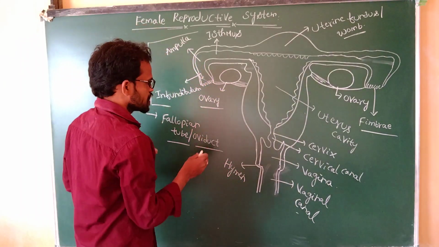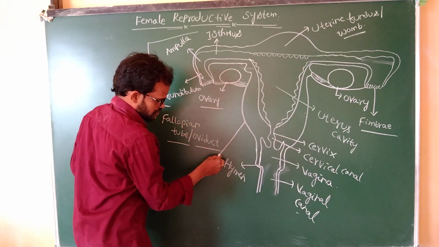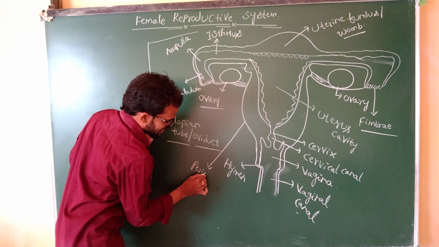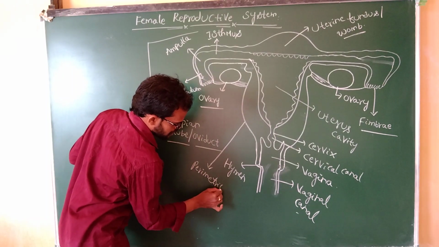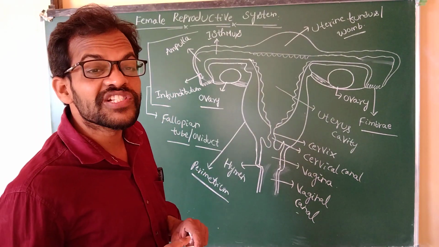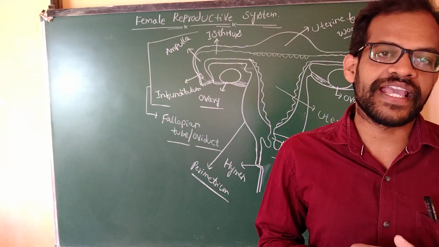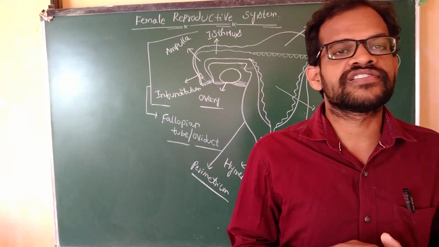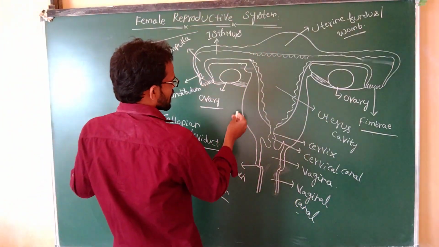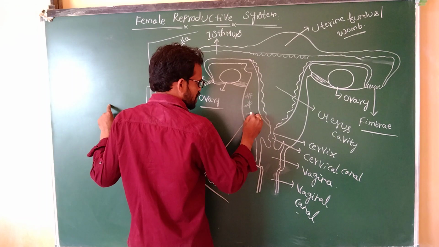If you observe the uterus part, the first part, the first outer layer, is the perimetrium. The uterus wall consists of three layers: perimetrium, myometrium, endometrium.